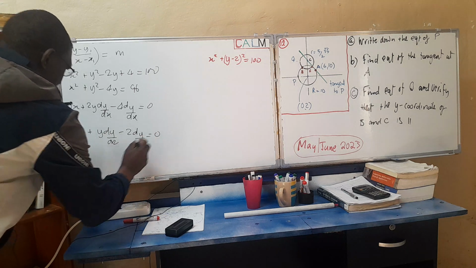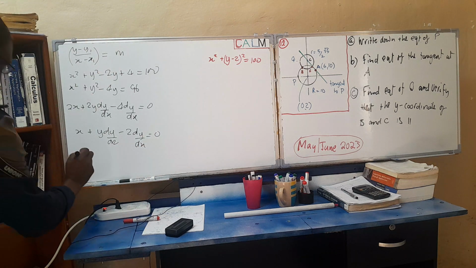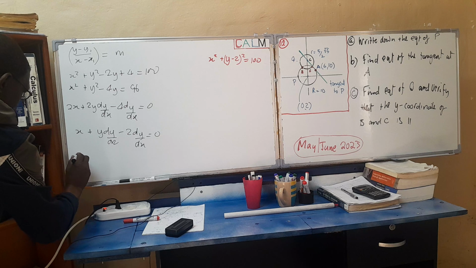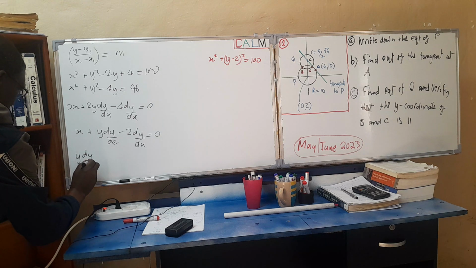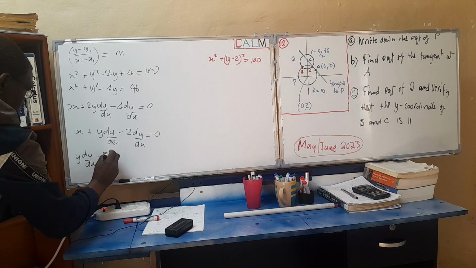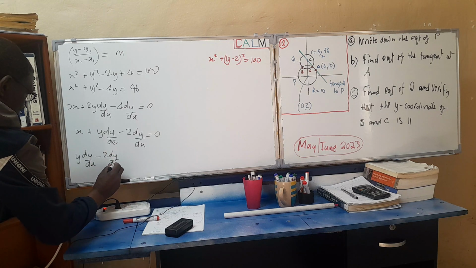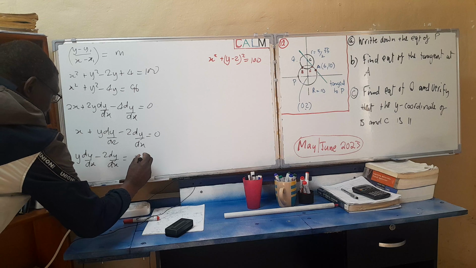So dividing through by 2, we get x plus y dy/dx minus 2 dy/dx is equal to 0. We can take the x to the other side and we get y dy/dx minus 2 dy/dx is equal to minus x.